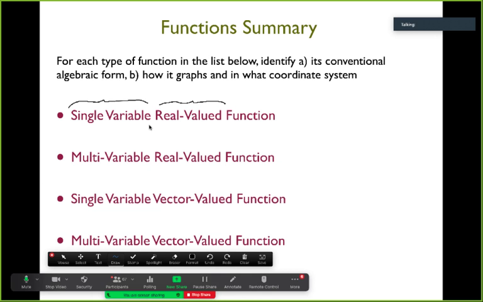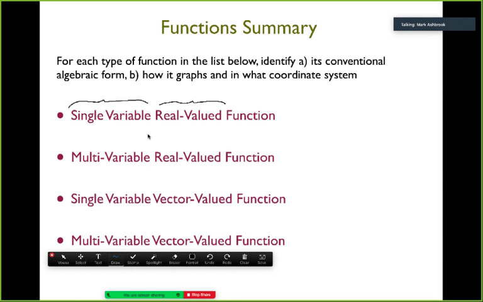The single variable, is that talking about the independent thing or the dependent thing? Yep. How many variables you have of a function would be independent. So we have one variable, and then the real value is what the function gives. So that's the dependent quantity.